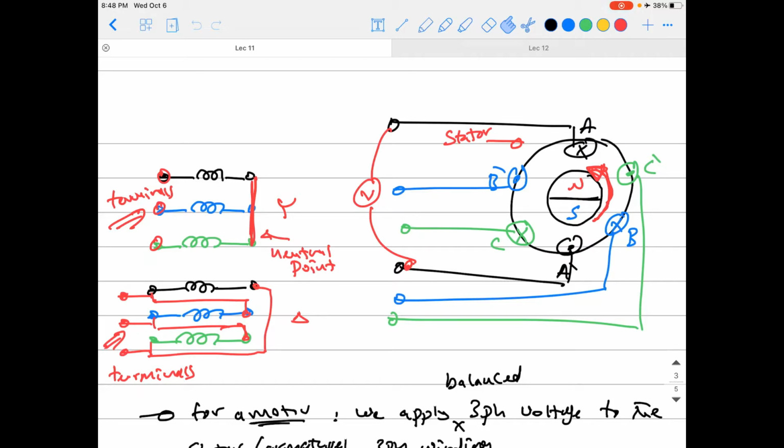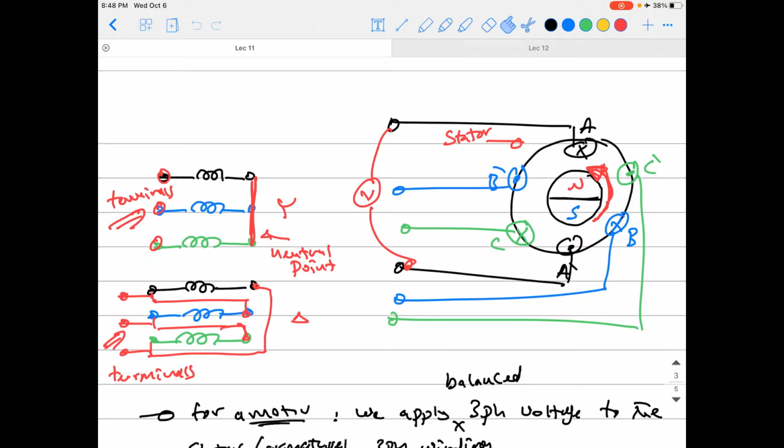These poles have the same magnetic flux magnitude, and it does not change polarity because we are talking about a DC excited winding.